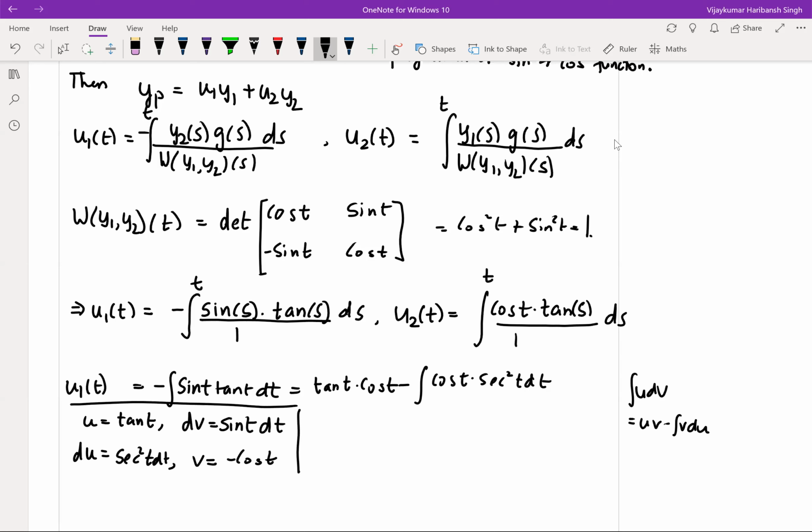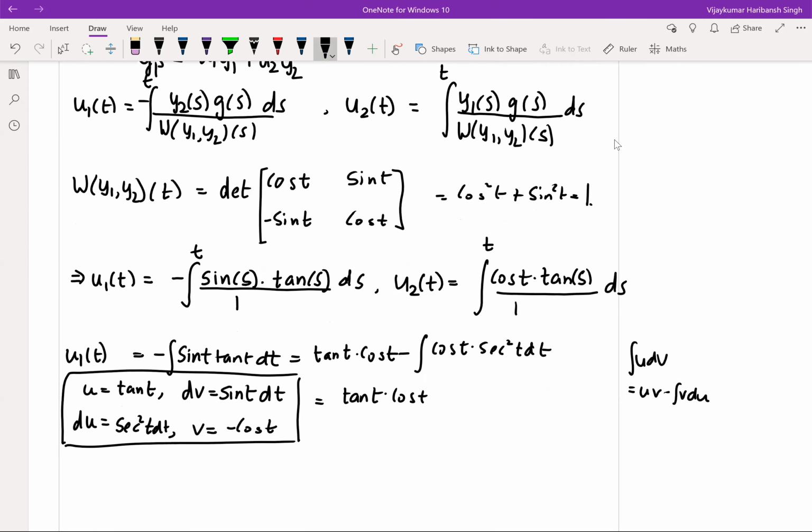Now, this is going to be minus tan t cos t. There's a minus sign here, right? So let's use that minus sign. That minus sign got absorbed here and that minus sign got absorbed here.